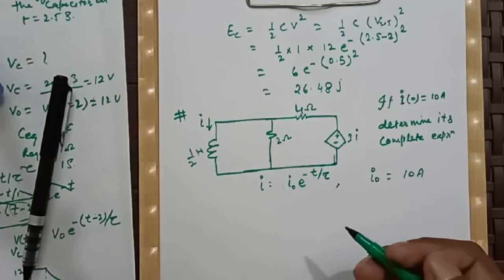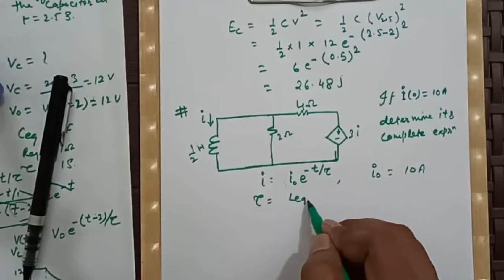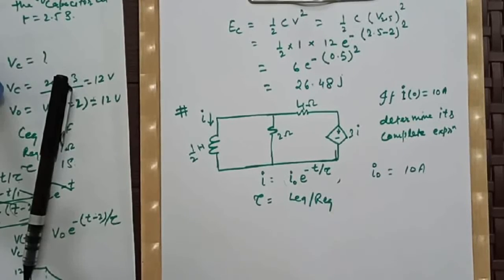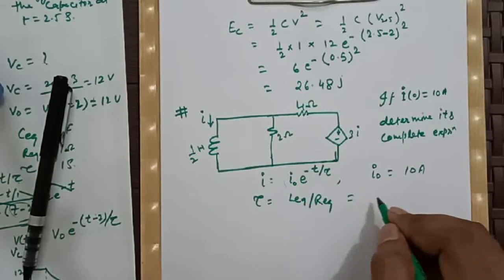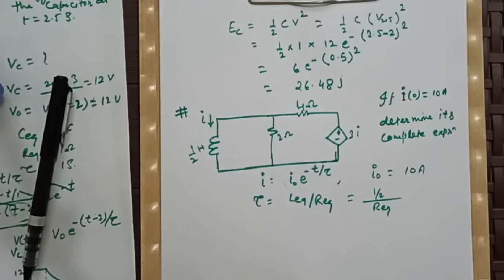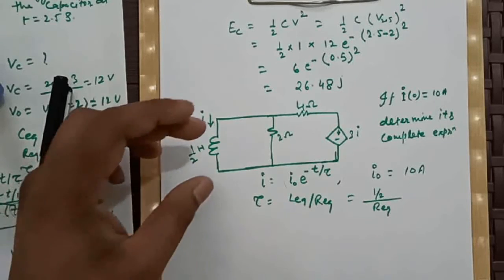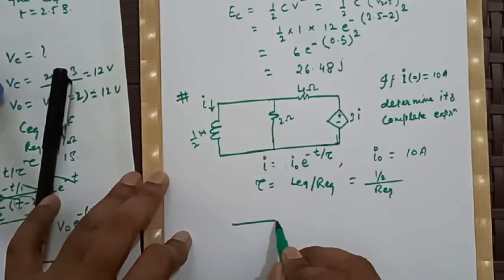Now we have to find tau. For tau we have to find L equivalent by R equivalent. L is only a single inductor, so it is half Henry divided by R equivalent. Now we have to find R equivalent across this inductor. To find this, what will we do?